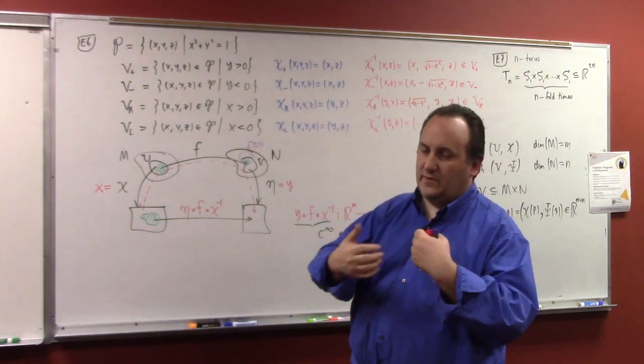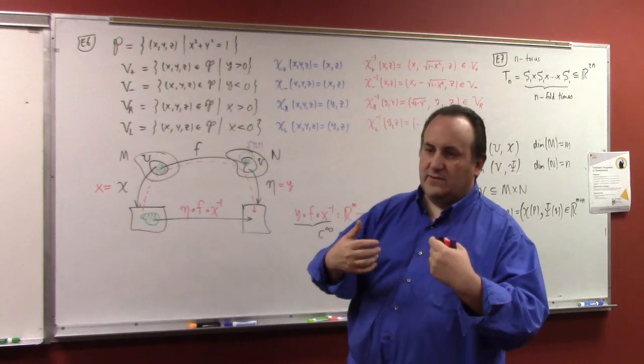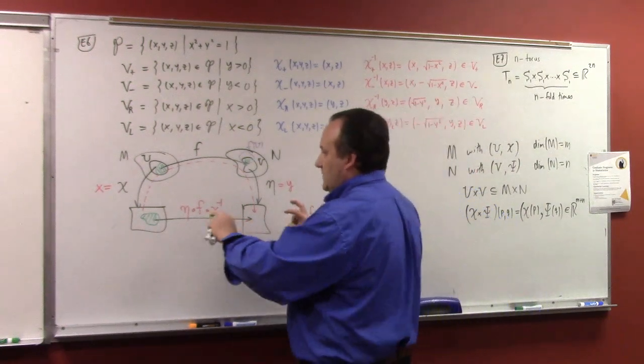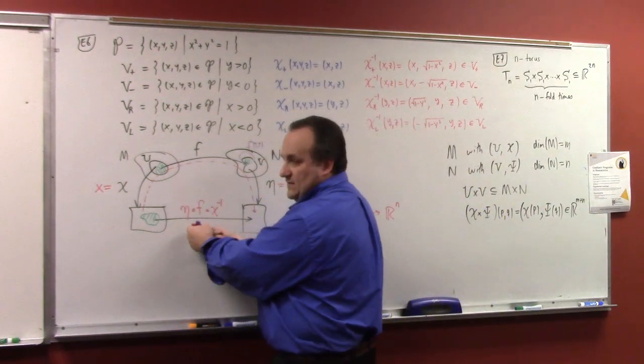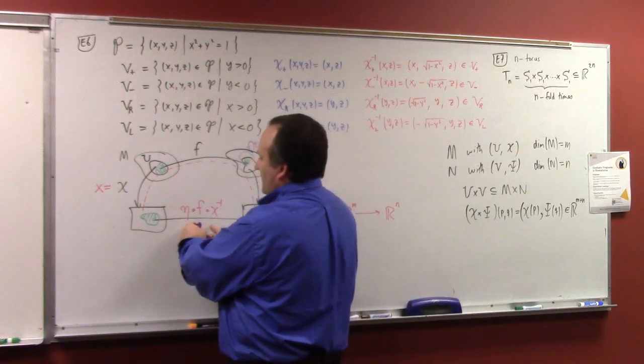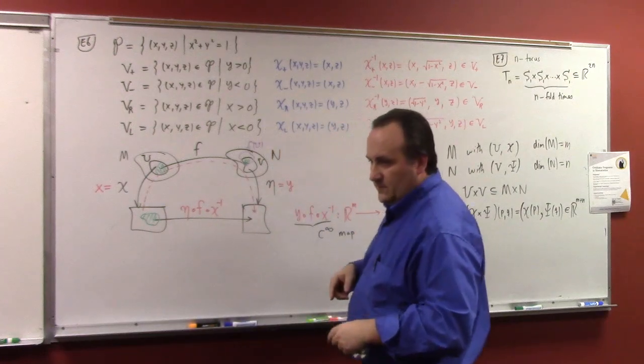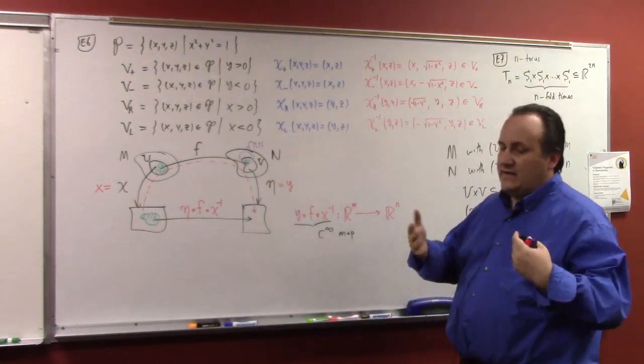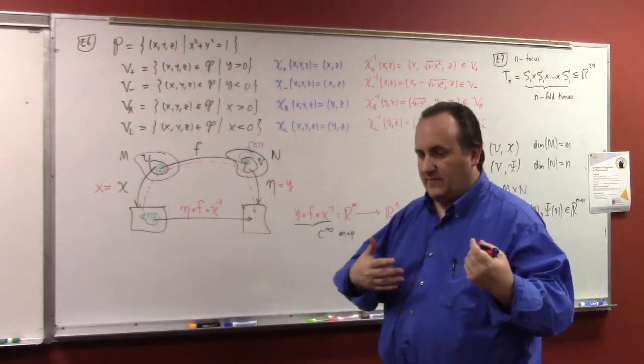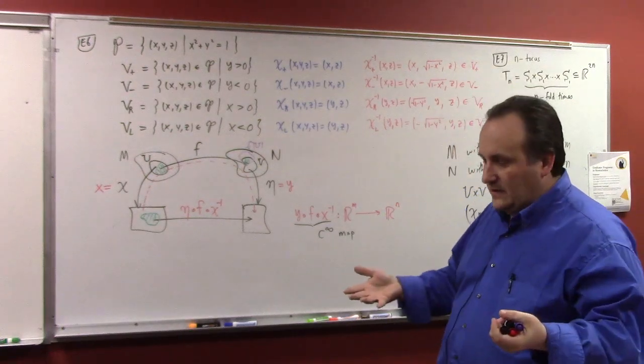If you have more than one chart at play, you can play games with composing the charts to extrapolate the smoothness to other local coordinate representatives touching the same points. This can be proved. So that's pretty nice. If you can check it on an atlas sufficient to cover the manifold, then you've got the smoothness that you need.